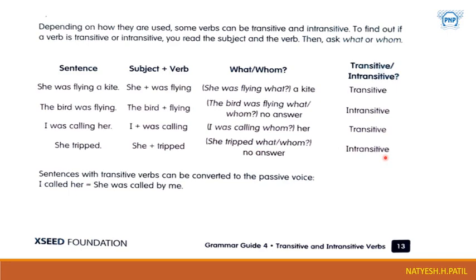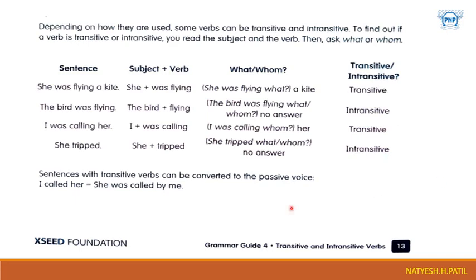When any action passes from subject to an object, it is a transitive verb. When the action is not passing from subject to the object because the object is not there or is not needed, then that is an example of an intransitive verb.